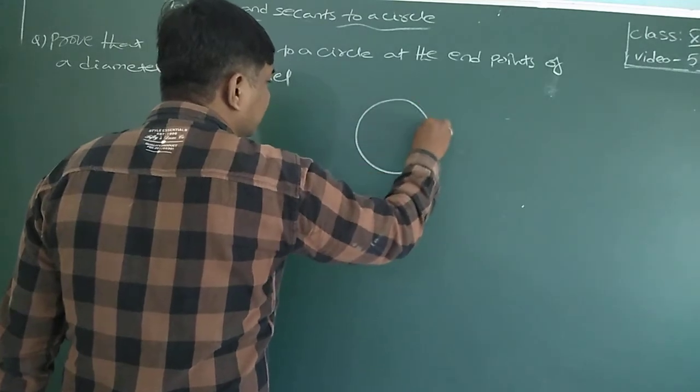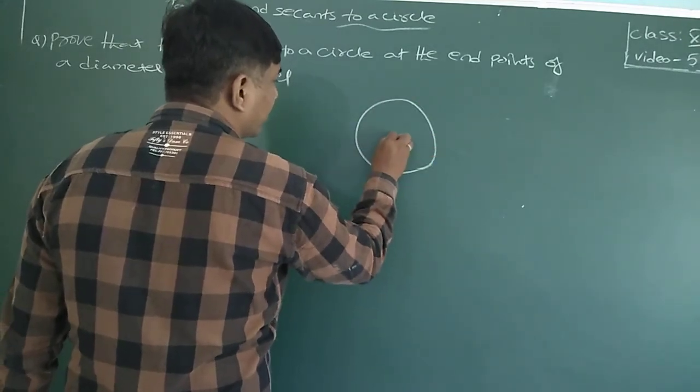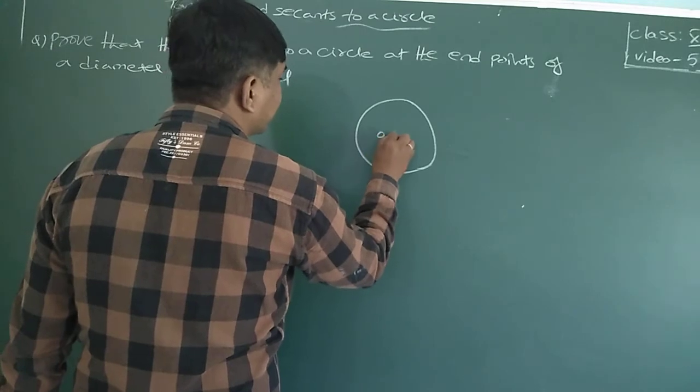So this is your circle. O is the center of the circle.